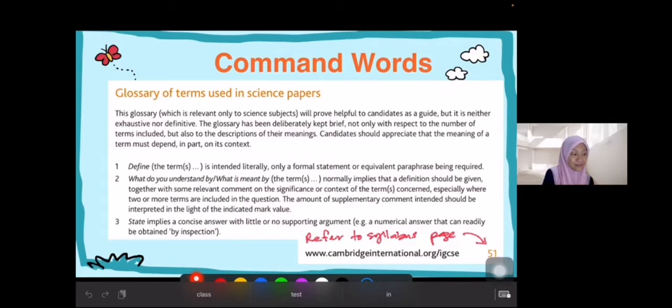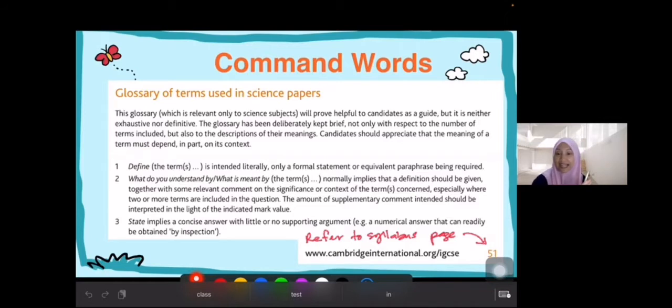Alright. So as you can see over here, salah satu contoh yang kita nampak tadi, nombor 1. Command word paling glamour, nombor 1 je letak dalam list. Apa dia? Define. Define tak ada masalah. Kita dah tackle dah dalam question paper 2 tadi masa kita buat nota. So tak ada masalah nak jawab define.